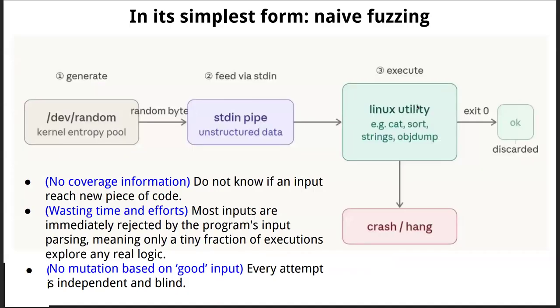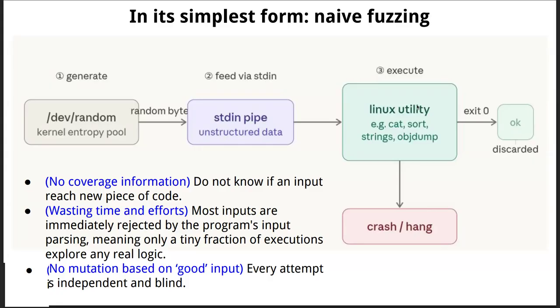However, this approach is naive. Okay? It doesn't work very well. There are several reasons it is not working very well, and modern fuzzing approaches address those issues. The first one is that there is no coverage implemented.